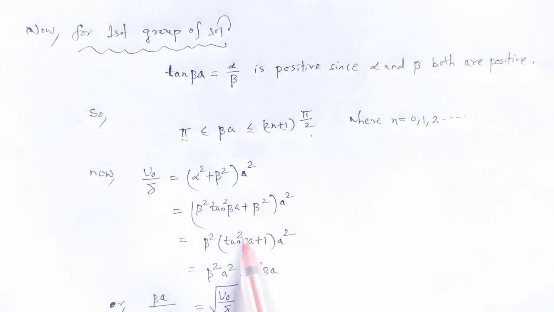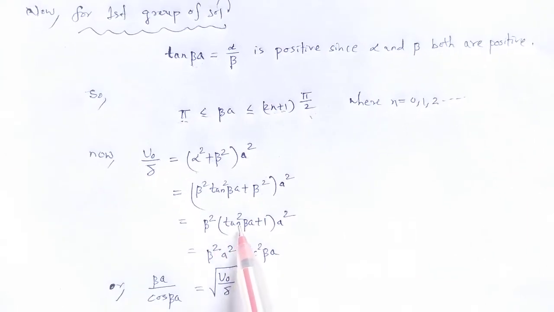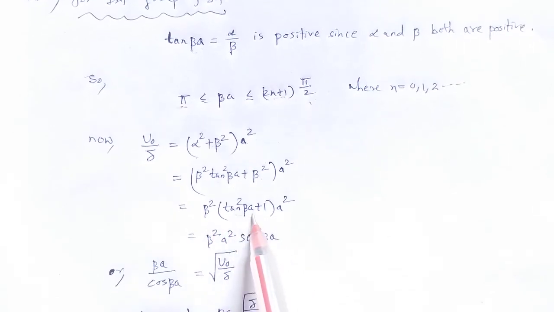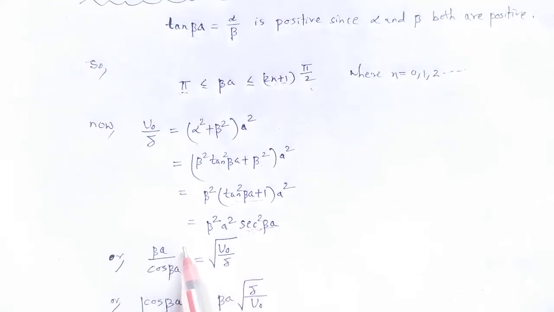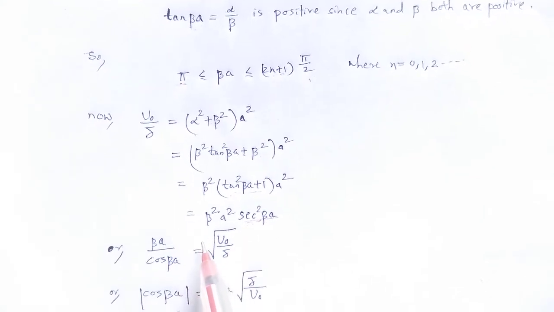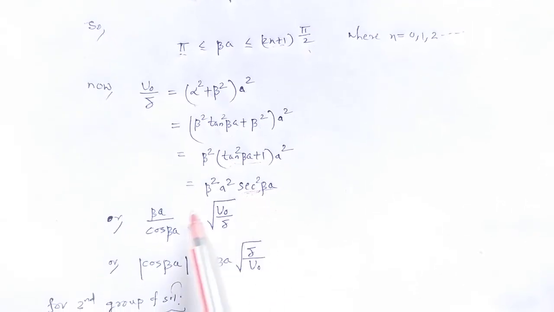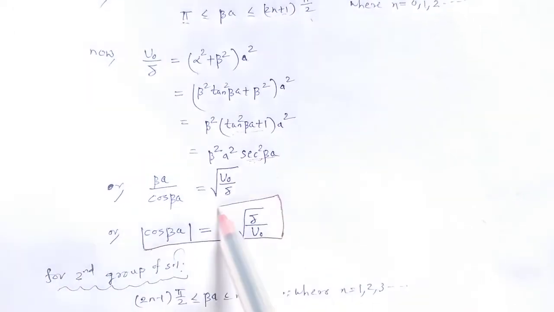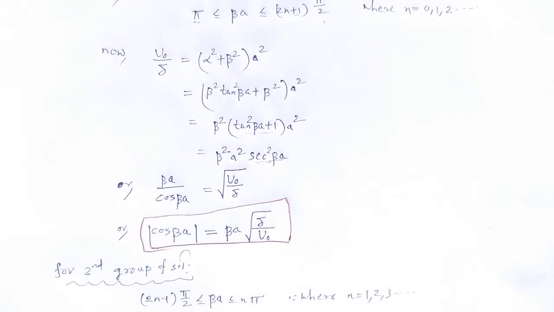Taking beta square common, we get beta square (tan square beta a plus 1) a square, and tan square beta a plus 1 is sec square beta a. Taking 1 by sec square beta a, it will be cos square beta a. So the magnitude of cos beta a will be beta a times the square root of delta by U naught.